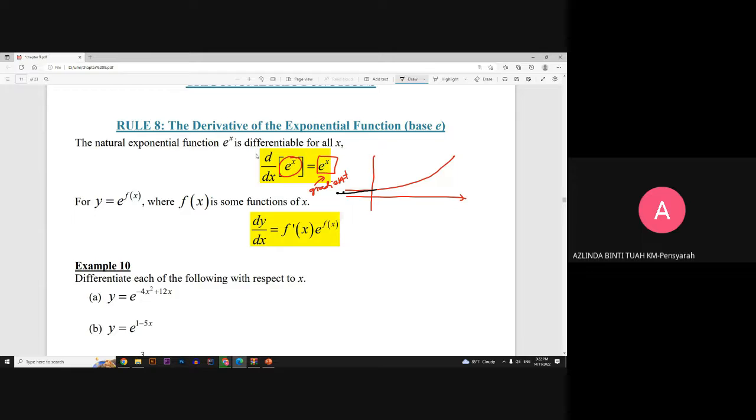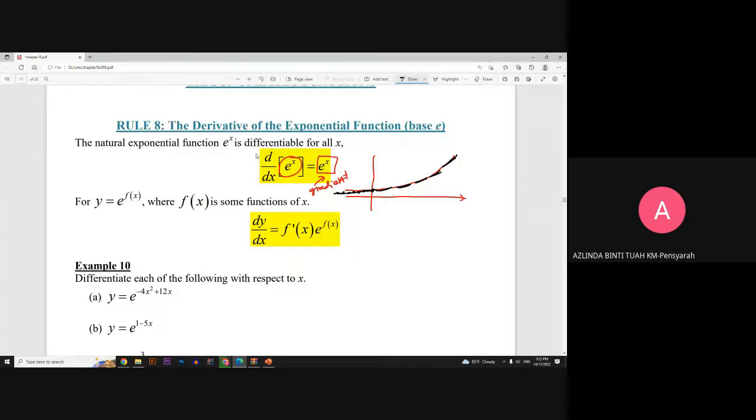Dia akan menaik, okay, menaik. Okay, kalau saya tengok bentuk, yang hitam ni adalah tangent line dia. Sama macam bentuk exponent itself. Tangent line sama dengan shape of exponent graph. So that's why dia punya jawapan bagi dy dx for e^x is always e^x.